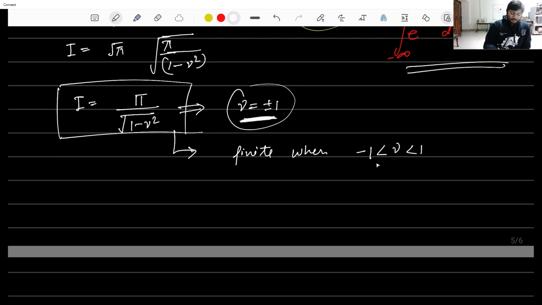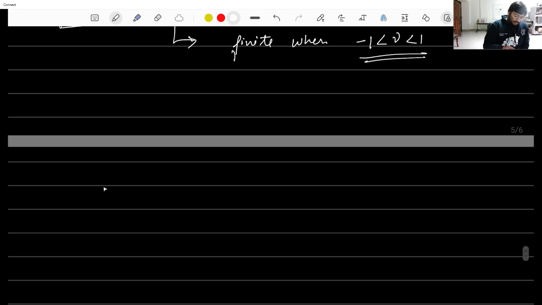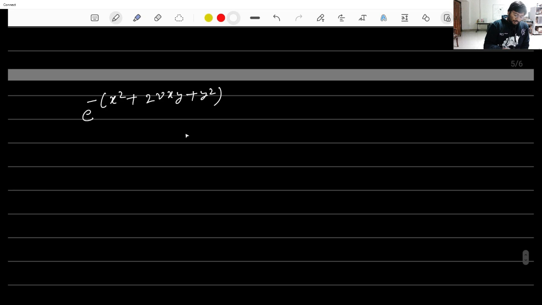So at minus 1 it diverges, at plus 1 it diverges, and if you want to understand why this is happening, let us understand. So our integrand is e to the power minus x square plus 2 nu xy plus y square, fine. So suppose nu is equal to plus 1.